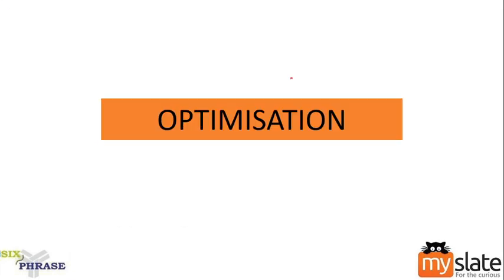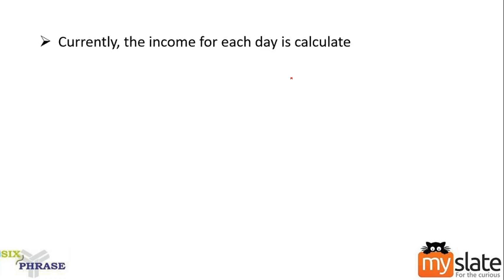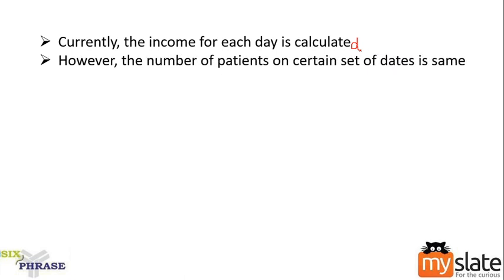See, one thing you should know is the income is calculated for each day. Currently we calculate income for each day. But the number of patients on certain dates will be the same. Did you ever think of it? We have 365 days. There is one formula given for us. It is not like all days will have unique values.